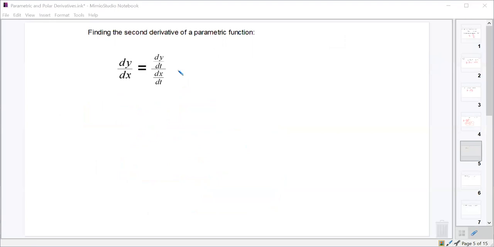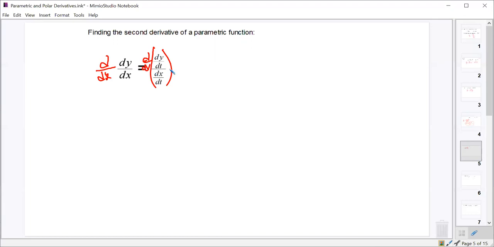We're taking the derivative with respect to x. That's what the second derivative would be. It's always with respect to x. So we're taking the derivative of something that is in terms of t.